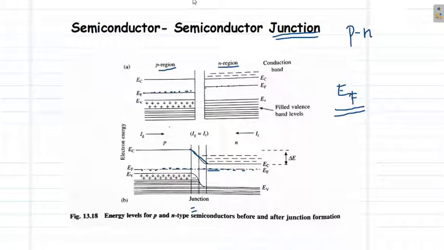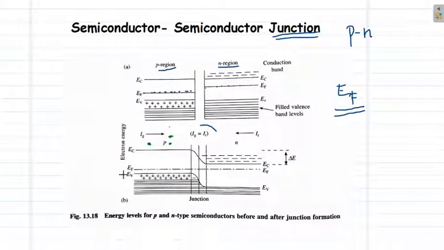Now, if we look into this setup, let us understand the number of electrons moving from the P region to the N region as well as from the N region to the P region. Electrons in the conduction band are able to move across the junction. How many electrons will be there in the conduction band of a p-type material?